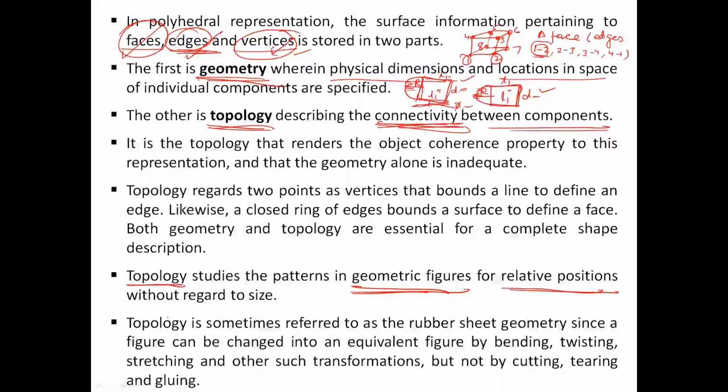Okay? So topology is something which we actually refer to as rubber sheet geometry, because it can be converted into an equivalent figure by bending, twisting, stretching, and any other transformation, but not by cutting, tearing, and gluing. Okay?